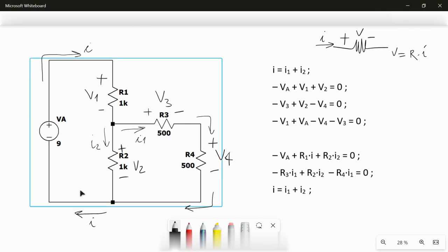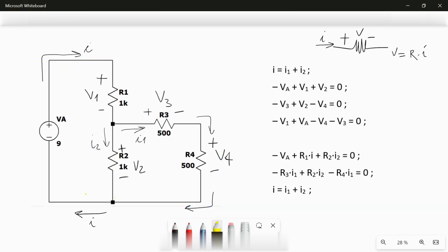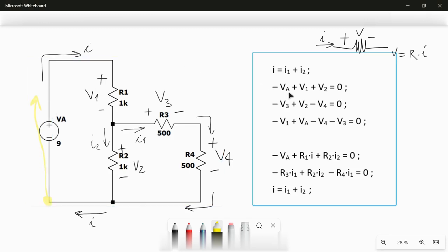So let's start with mesh 1. And I start from this point, for example. I start from here and I go this way around this mesh. And each time I find a voltage drop, I will put it in my equation. So I first find VA with the minus sign first in my path. So we'll write down minus VA.